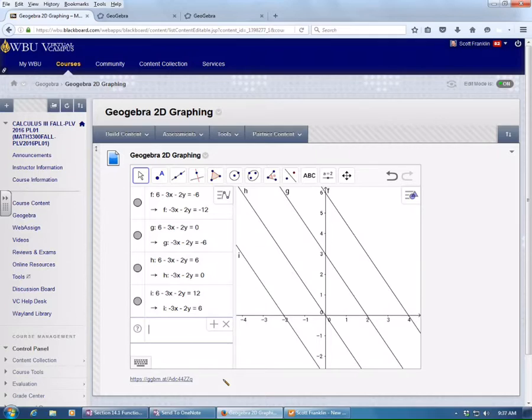Which, again, should make sense that your level curves are straight lines for a plane. Because if you just keep slicing up a tilted plane at different heights, okay, they're just going to be straight lines. Okay?